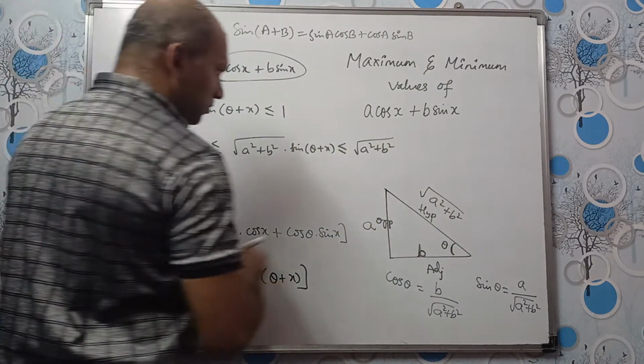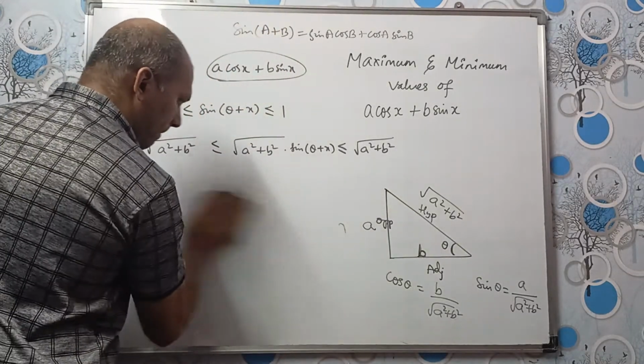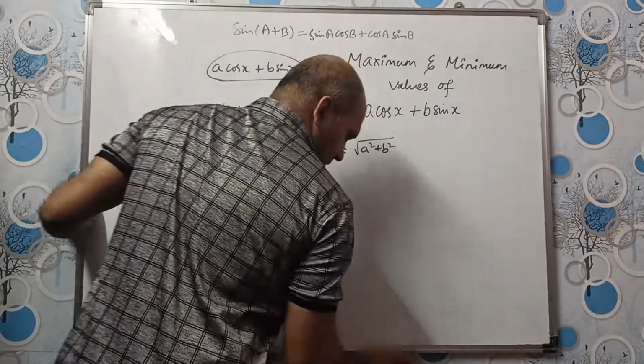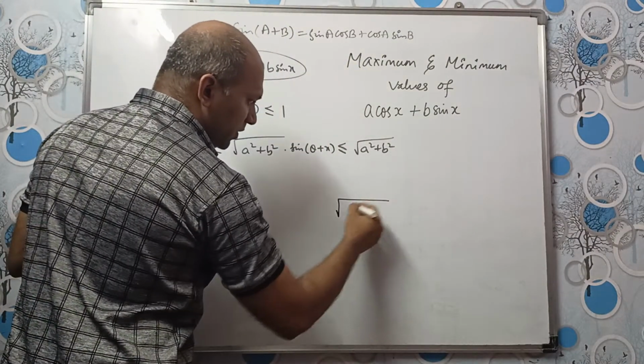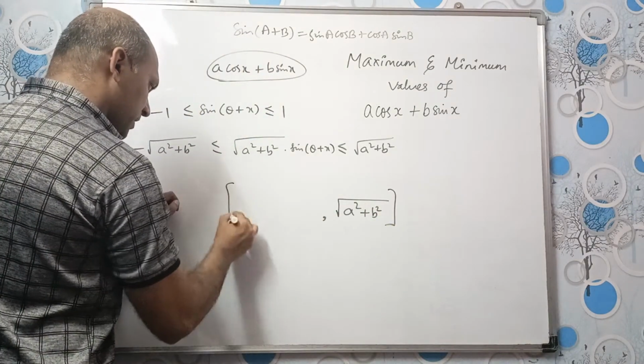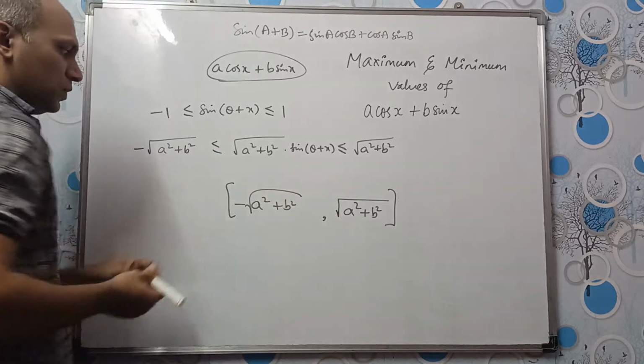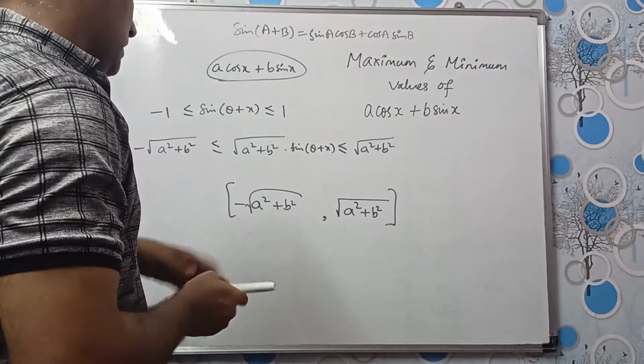Okay, I hope this is clear. So the maximum value will be root of a² + b², and the minimum value will be minus root of a² + b². Okay, I hope this is clear.